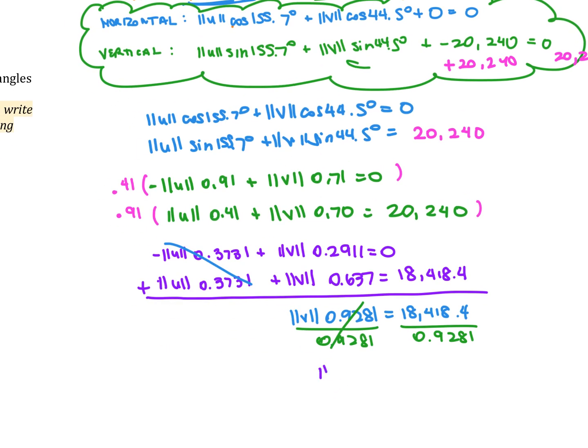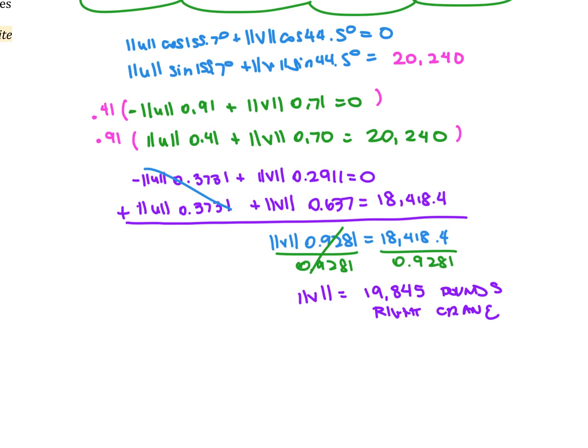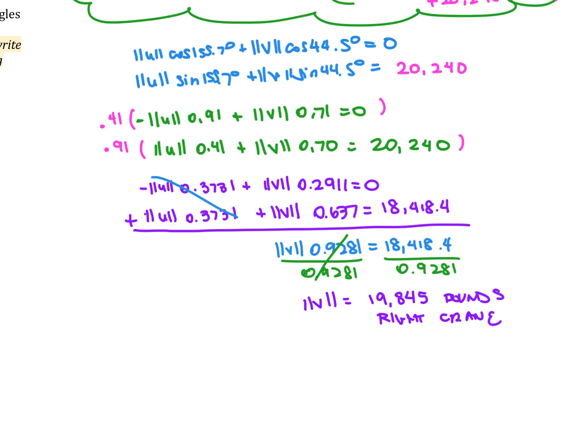So the magnitude of v ends up being 19,845 pounds, and that is the right crane. Then in order to solve for the left crane, we're just going to have to plug v into one of our equations. I'll go ahead and plug it into our original equation up here.